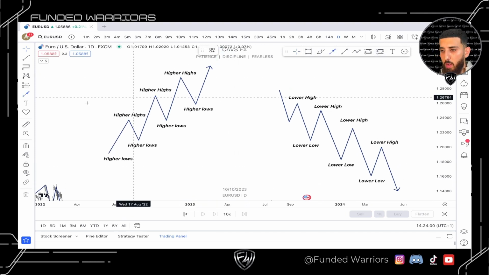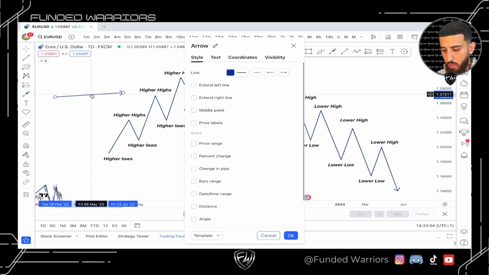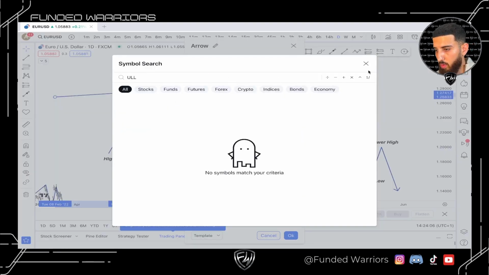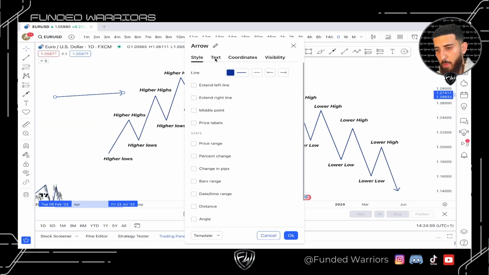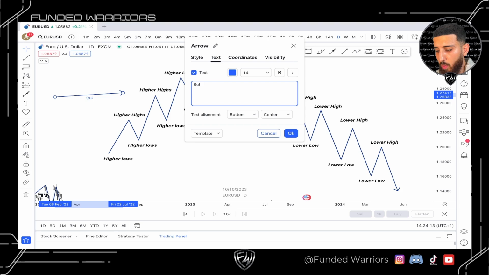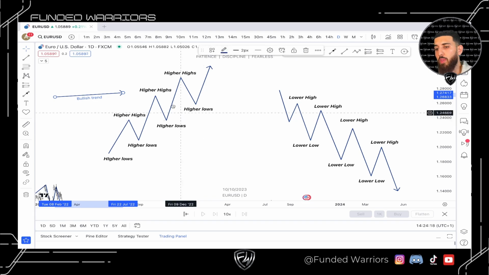If we just get our arrow, we call this here a bullish trend. Price is going towards the upside, so this here we call a bullish trend.